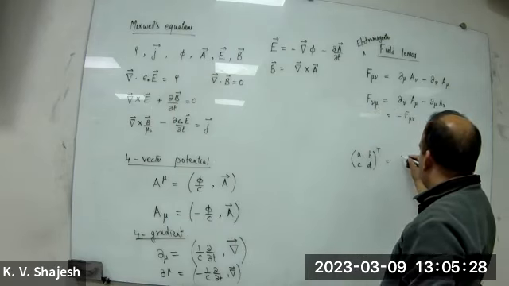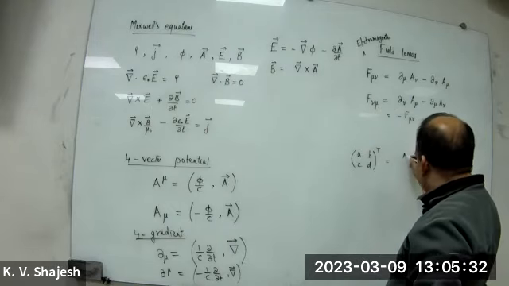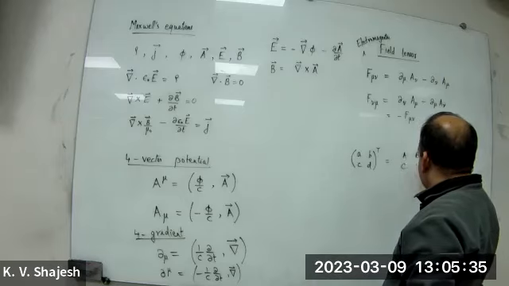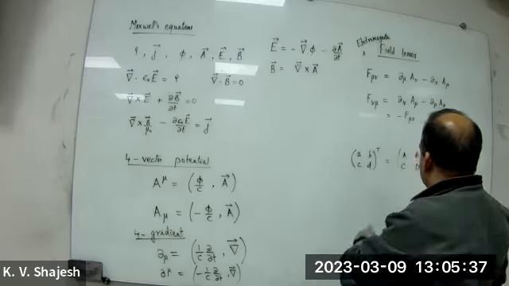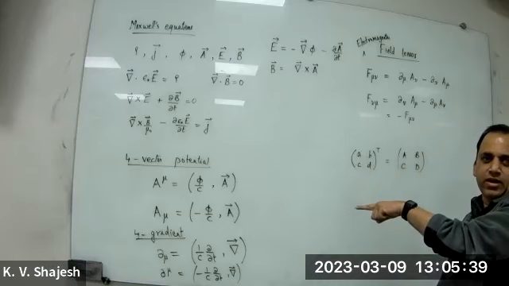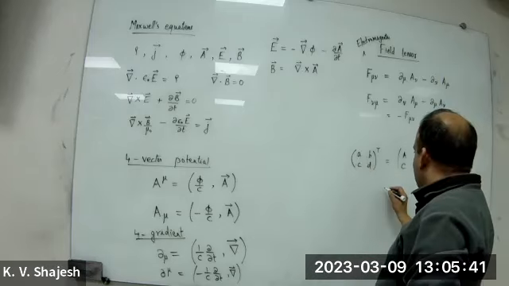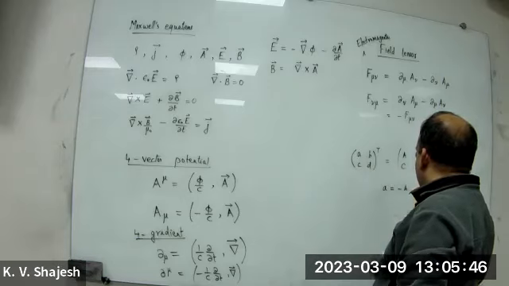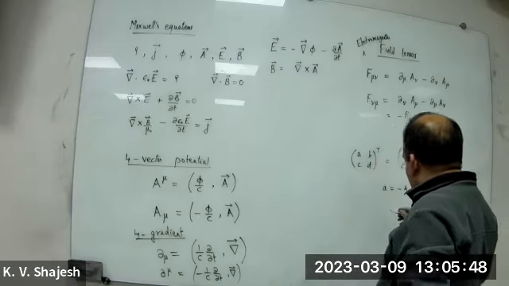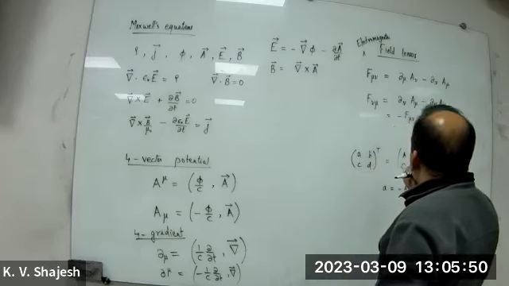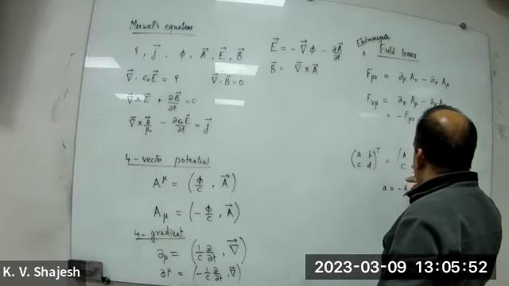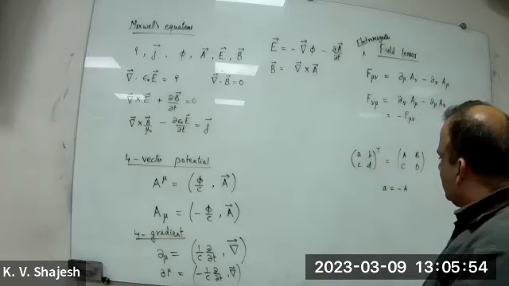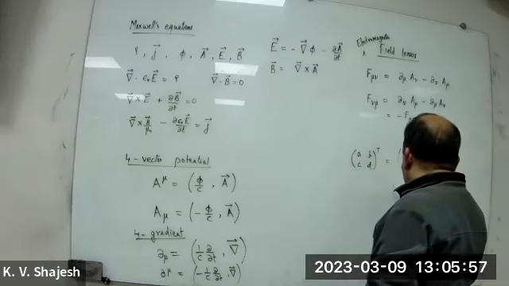This has to be equal to A, B, C, D, but these are exactly the negative of that quantity. So what we are saying is that A is equal to minus A. Isn't that what we say? So capital A is equal to minus capital A. Same thing: capital A is equal to minus A.